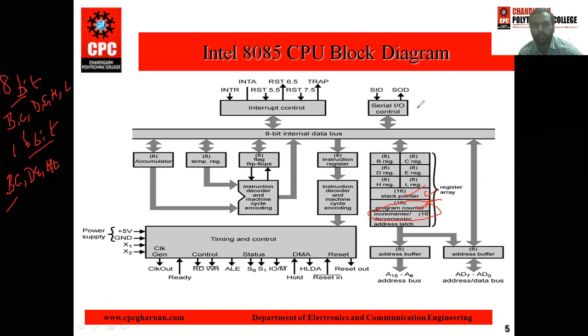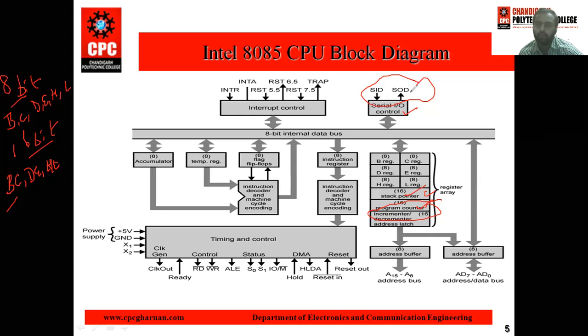Next is serial input output control. There are two pins, named SID and SOD, which stand for serial input data and serial output data. In the 8085 microprocessor, if the processor wants to get data from peripheral devices or the hard disk, then with the help of the SID pin, the processor can take the data from outside.